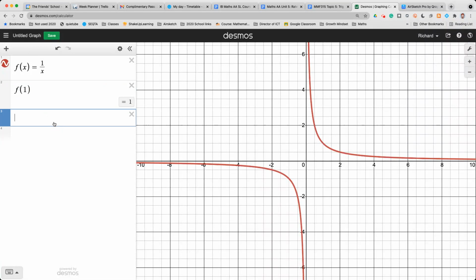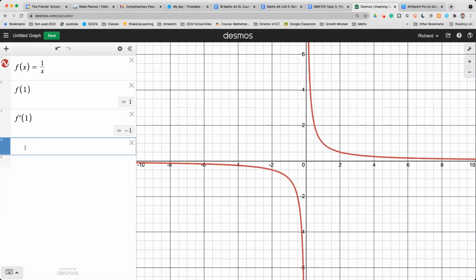Desmos is good for this. If I go f dash of 1, it'll tell me what the gradient is. Negative 1. Does that make sense for what we calculated? Negative 1 on 1 squared is 1 on 1, which is 1, negative 1. Okay, so that makes sense, yes? So it has a gradient of f dash of 1.